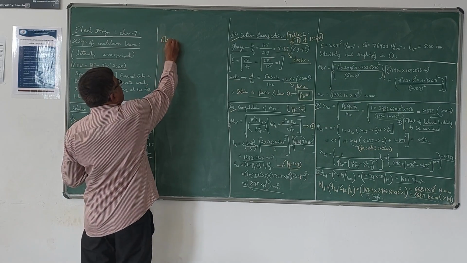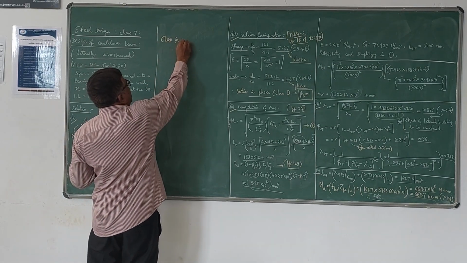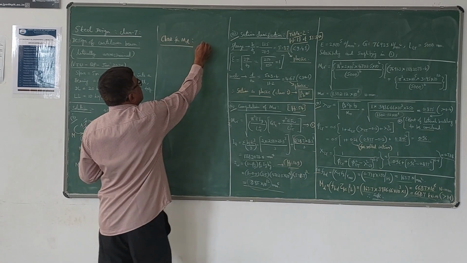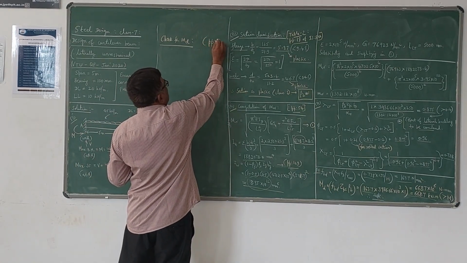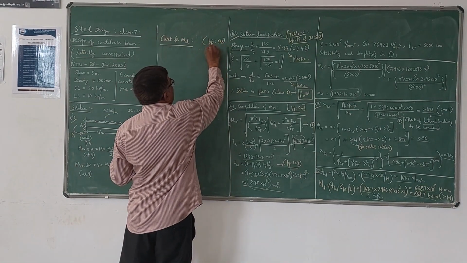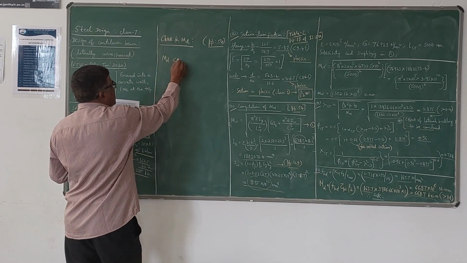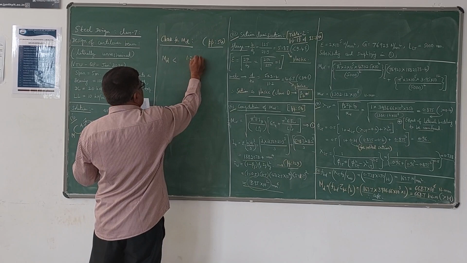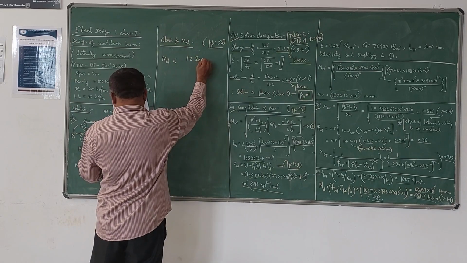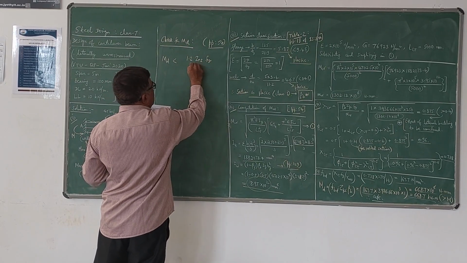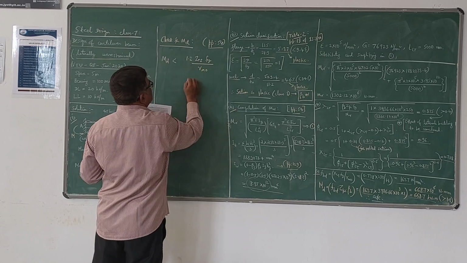Let's check for the MD value, once again on page 54 of the code IS 800. So this MD value should be less than 1.2 ZEZ into Fy by gamma MO. This you have to check.